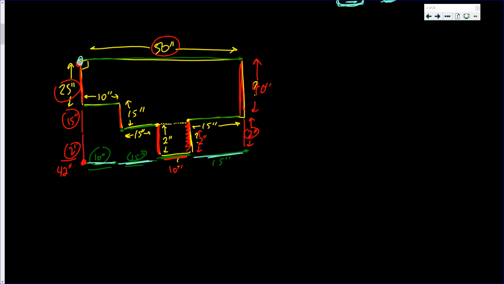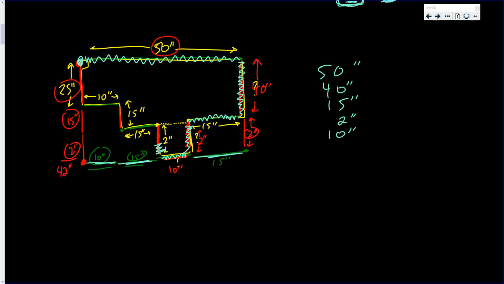Let's start from here and go for a walk. How far around? I just went 50 inches. I just went 40. I just went another 15. I just went 2 more inches. Then I went 10 inches.